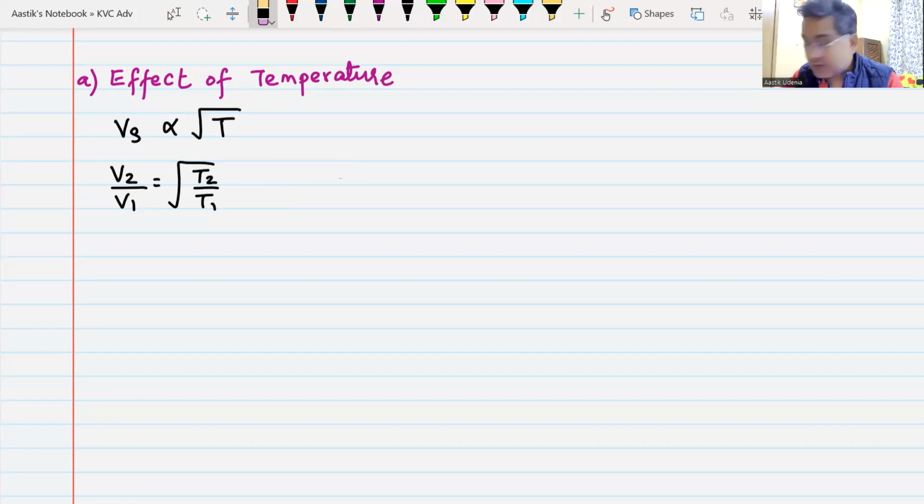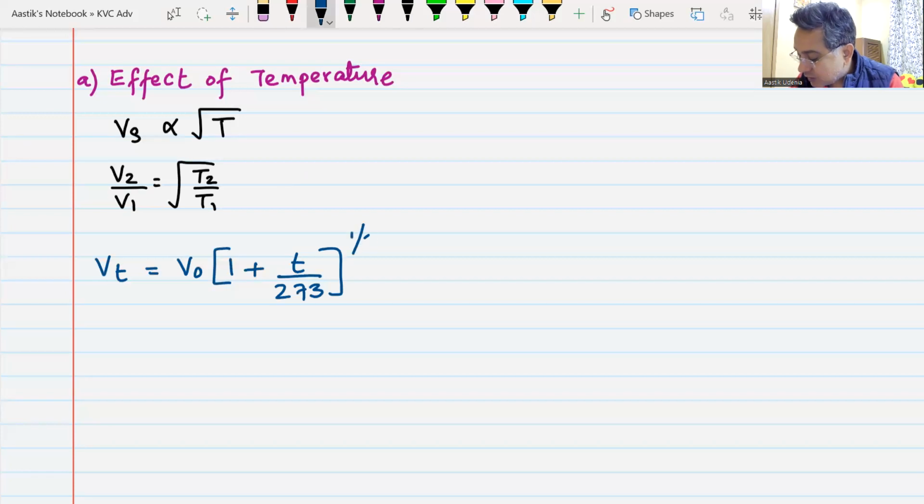Now from here we can devise a formula for speed of sound at any temperature T. Speed of sound at any temperature T will be equal to V naught into 1 plus T by 273, raised to the power of half. This formula is derived from the upper one. What does VT stand for?